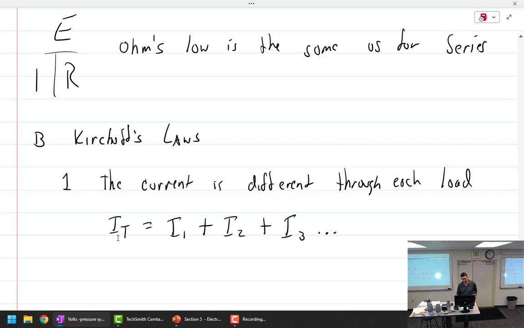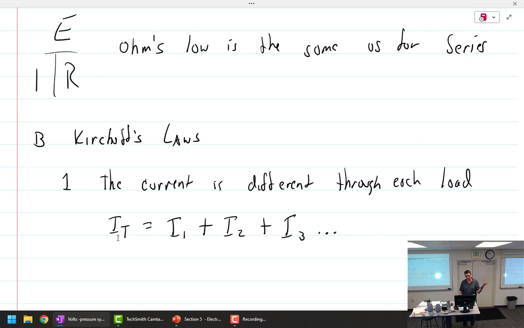What does that sound like in series? Sounds like voltage. Voltage in series, we added up the voltage drops of all of the resistors, and the current was the same.